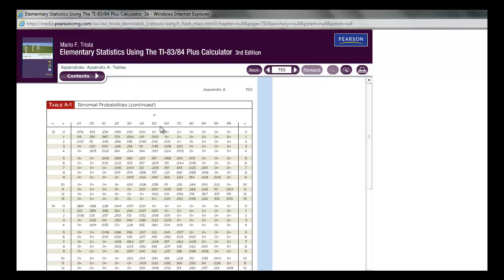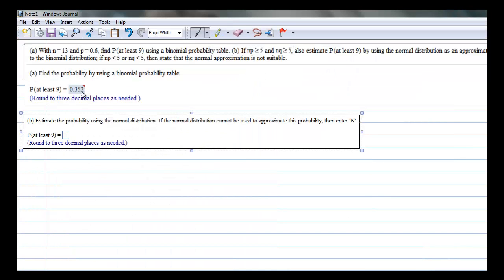So we want the 0.6 value for 9, 10, 11, 12, and 13. Now if you pull out your calculator and you add up these 5 amounts, they do add up to 0.352.